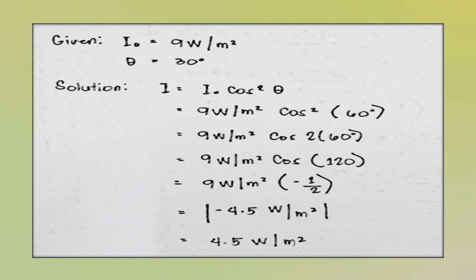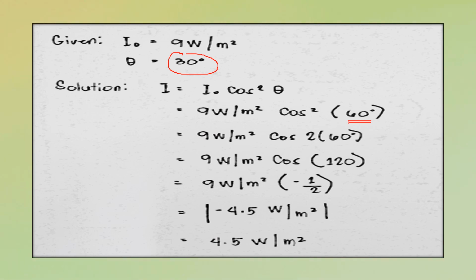Now, in order for us to get the real angle, we have to deduct 30 degrees from 90 degrees to get the angle from the normal line. So 90 minus 30, that is equal to 60 degrees. So 60 degrees will be used in this solution. Okay, so 9 watts per square meter cosine squared 60.